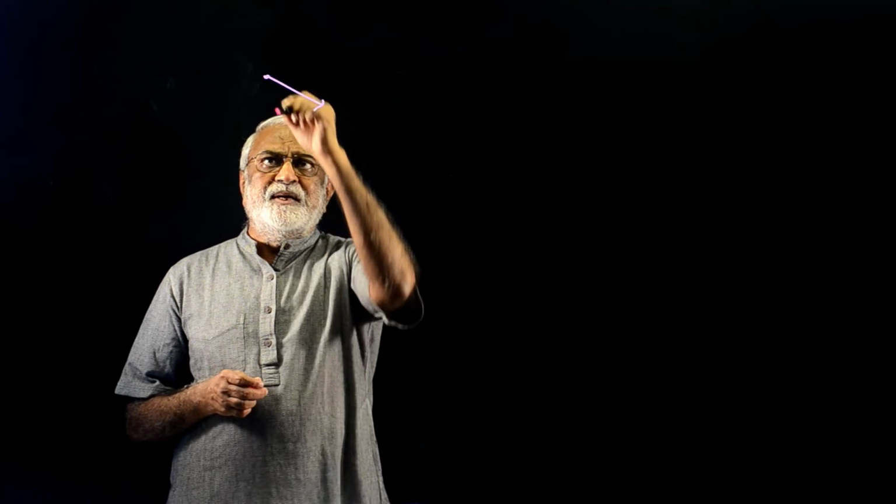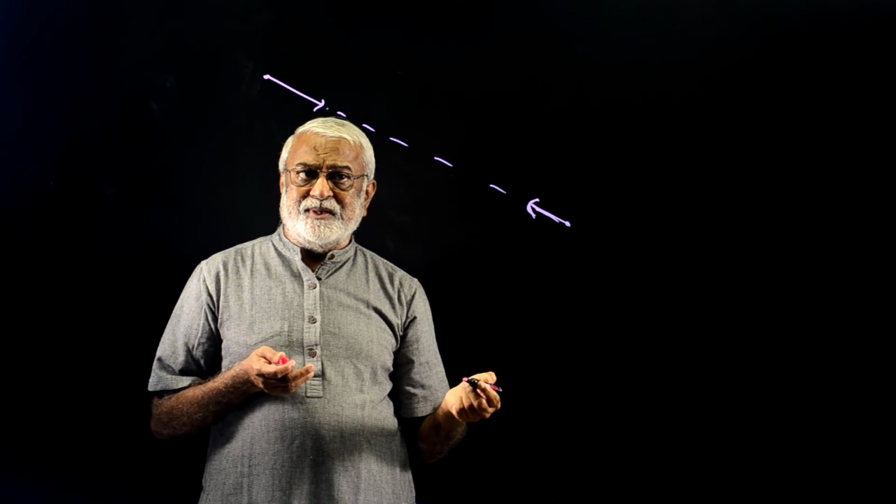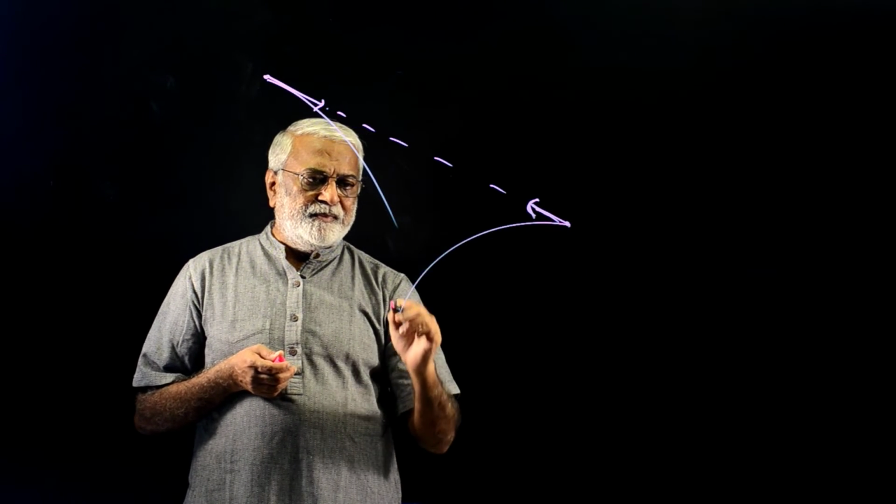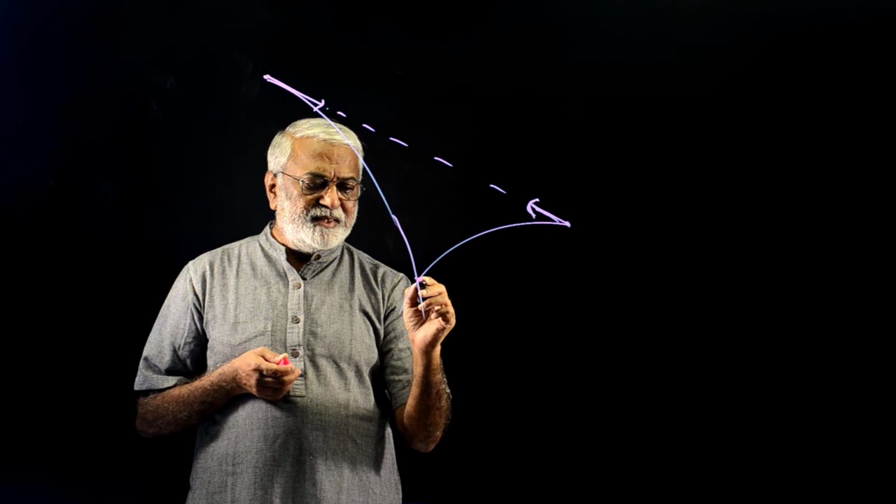Another interesting case is this. We project something at an angle to the horizontal, and from some distance away we project something else, some other stone say, along the same line simultaneously. And again, interestingly, there is a collision, and this happens where?